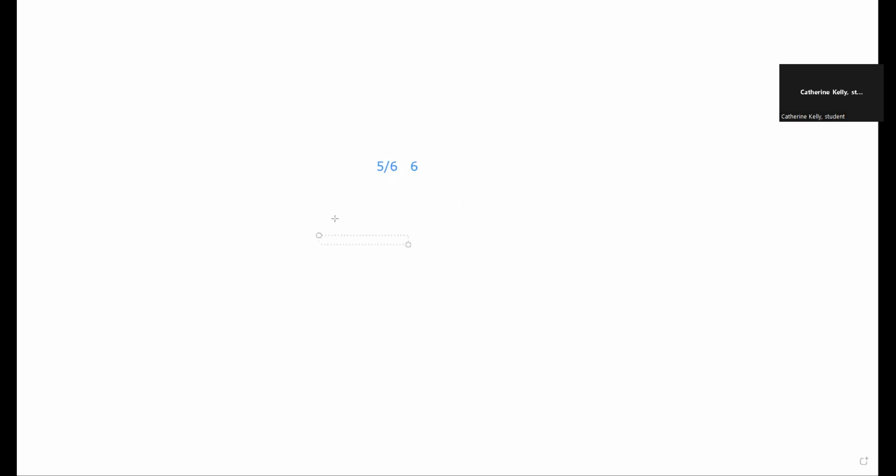The 6 is outside, like when you're dividing. The kids I used to tutor, they call it the house. So the 5 is in the house, the 6 is outside.